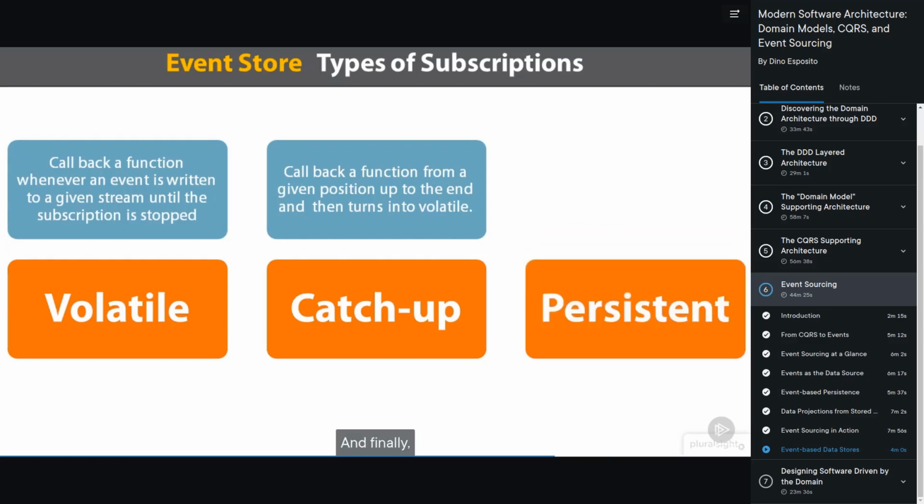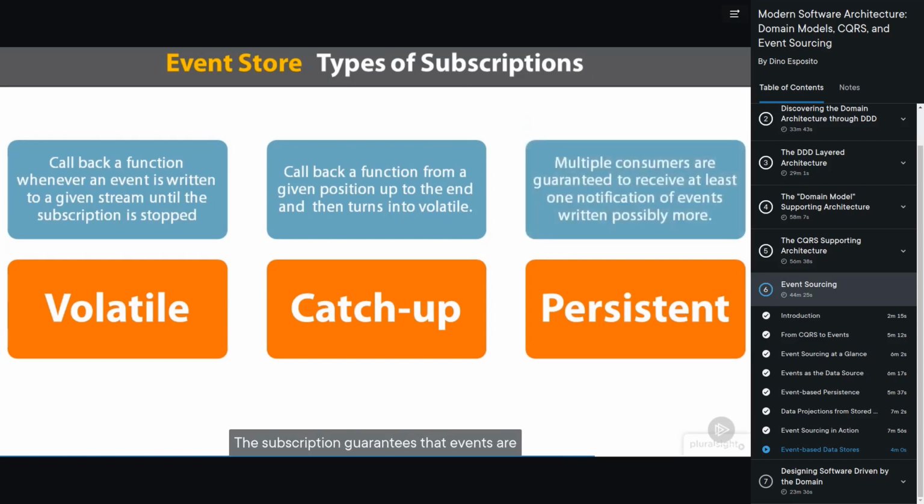And finally, the persistent subscription addresses the scenario when multiple consumers are waiting for events to process. The subscription guarantees that events are delivered to consumers at least once, but possibly multiple times, and if this happens, the order is unpredictable. This solution is especially designed for highly scalable systems, collaborative systems, and to be effective, it requires a software design that supports the notion of idempotency.